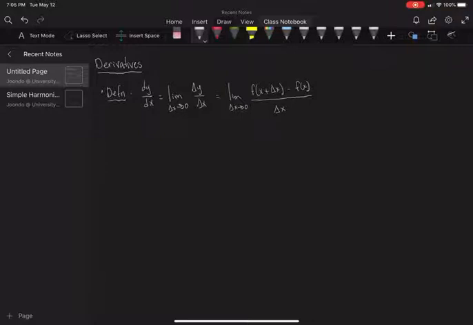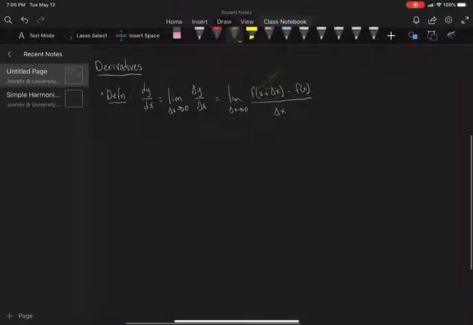So you can think of it like this. First, let's look at this term here. This term is the shift. We shifted from x to x plus delta x, for infinitely small delta x.